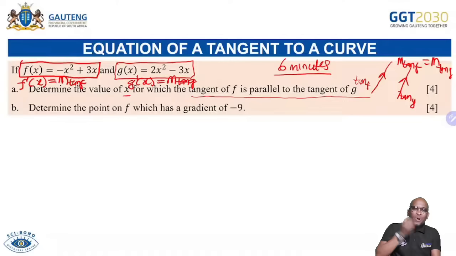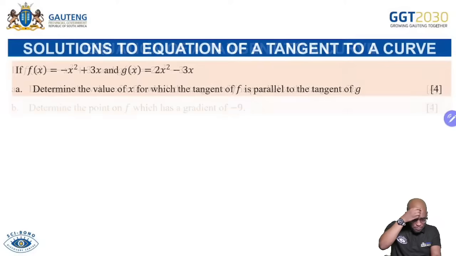So we differentiate f to get the gradient function of the tangent of f, and we differentiate g to get the gradient function of the tangent of g. Then, using the fact that the tangents are parallel, we equate their gradient functions, so that would allow us to get the value of x. Okay, let's go through that.